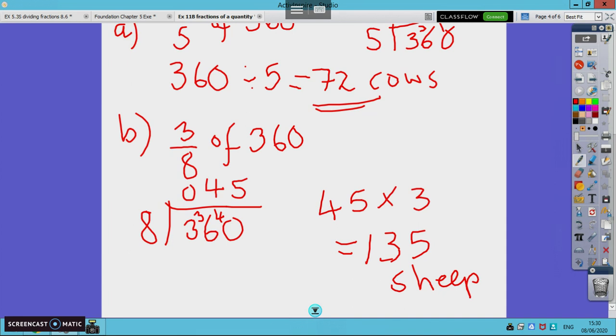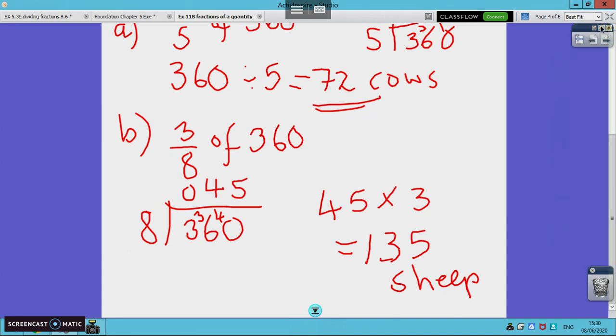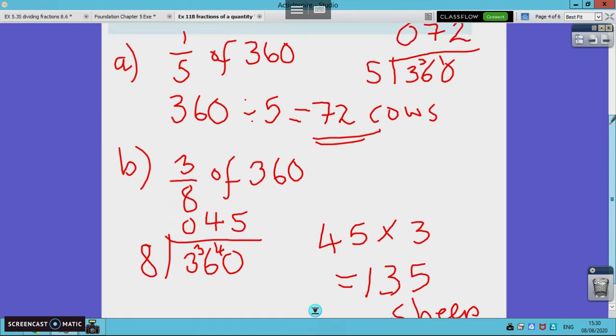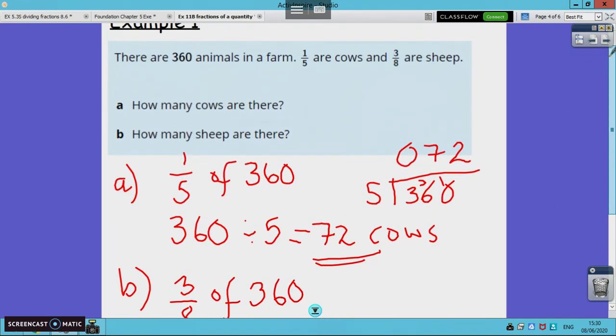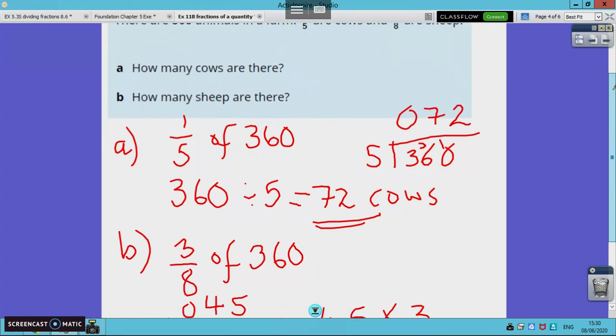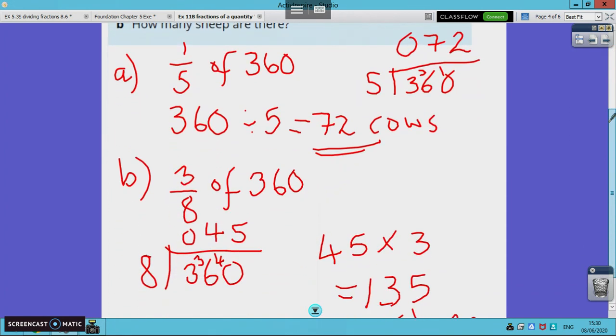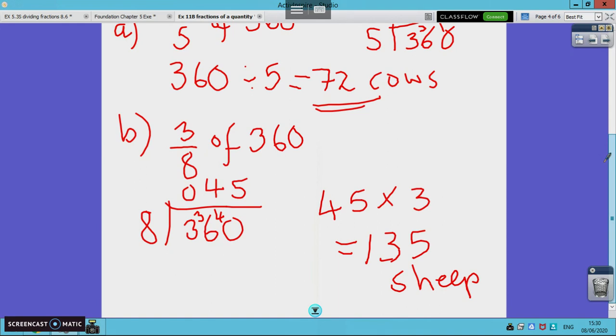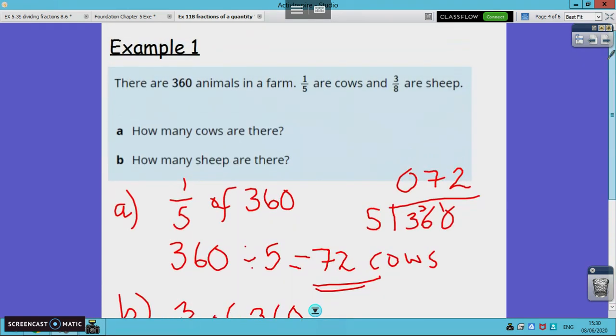That's how we might have a problem-solving type question and how we can adapt it using the skills we've already learned. Remember, if it's a hard division, you can use your bus stop method and that will be absolutely fine. I'm going to underline your answers there. So that's 135 sheep and 72 cows were your answers. Make sure you've got that whole thing copied down in your books, please.